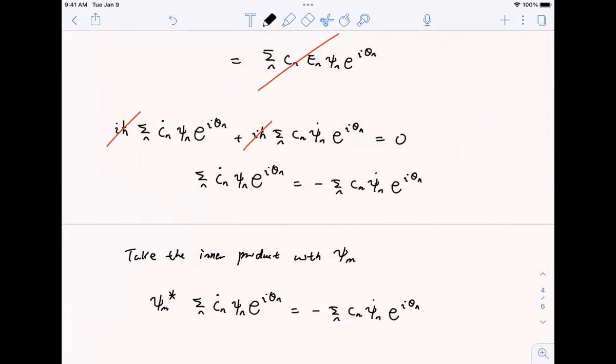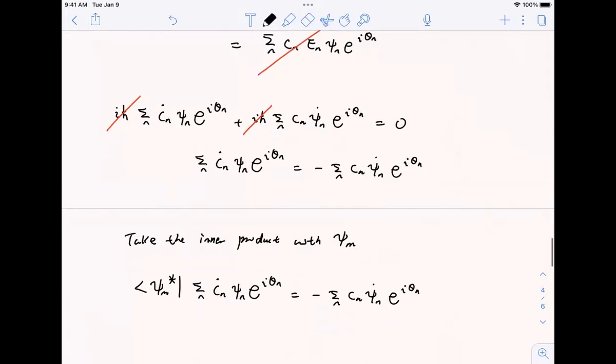Basically, you're going to get this thing. Of course, if you use the ket, then you make this a bracket notation.